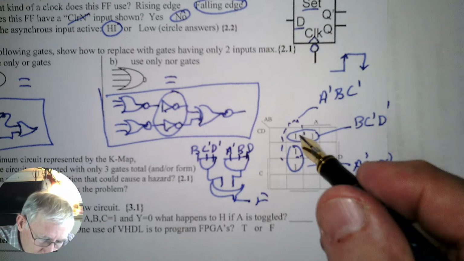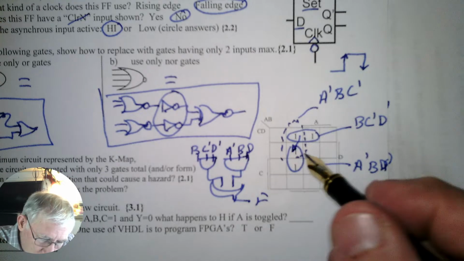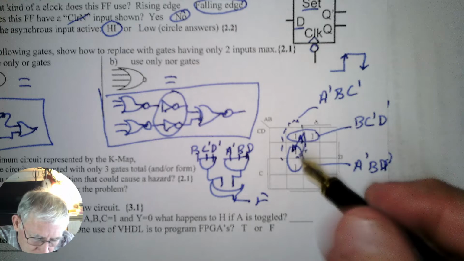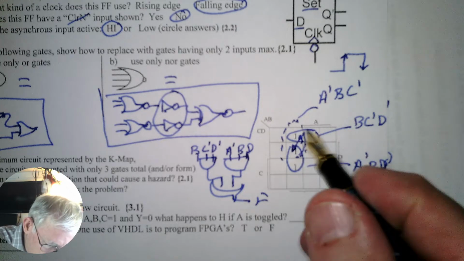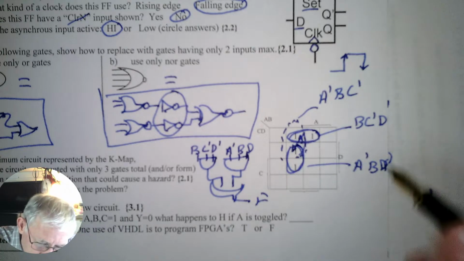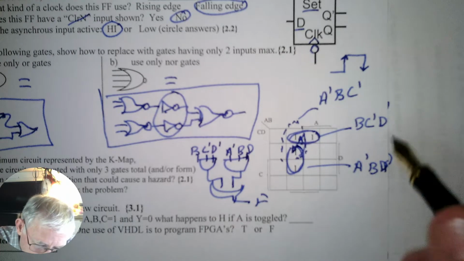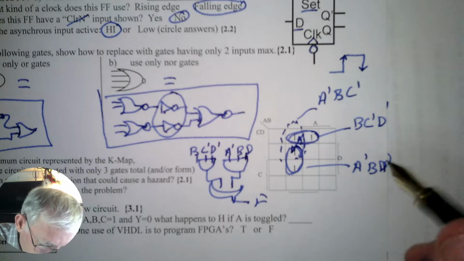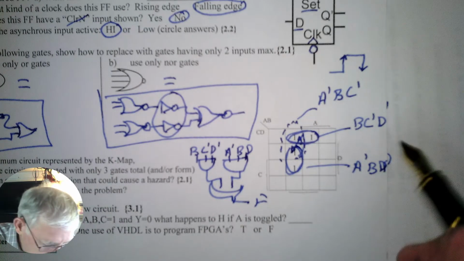And on the map, the transition that could cause us a hazard would be from this box to this box, or vice versa. So it's the transition between these two boxes, and that's because you're changing from this controlling AND gate to this controlling AND gate. And the problem is, in this, no, there's a problem here.